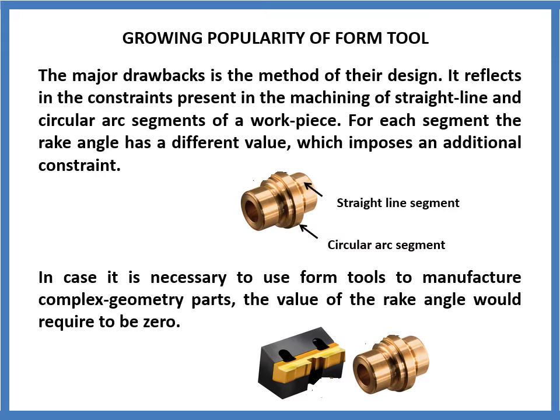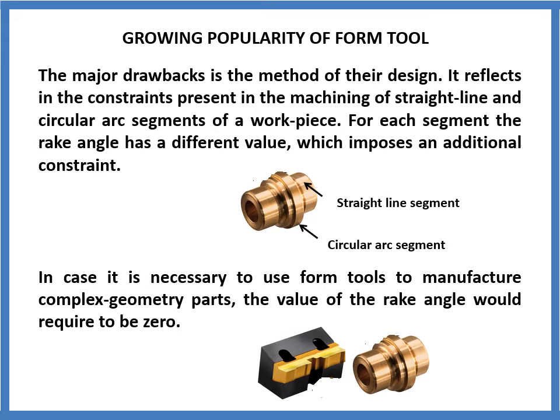For each segment, the rake angle has a different value, which then imposes an additional constraint. Now, if the component has to be machined with a single point cutting tool, then we can use multiple single point tools with different rake angles, and that can be achieved.